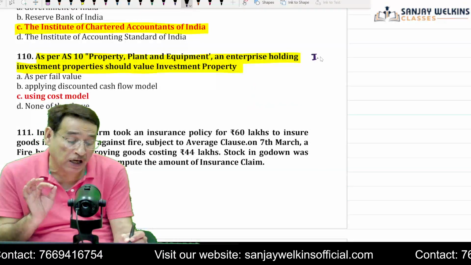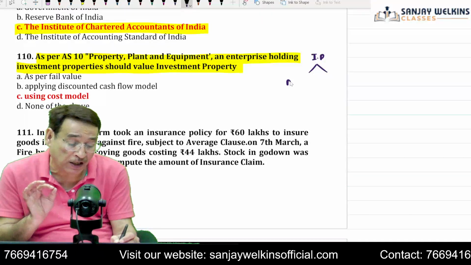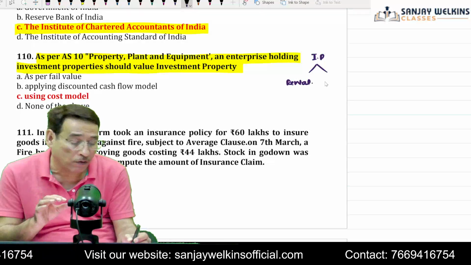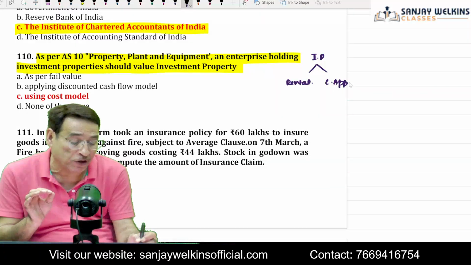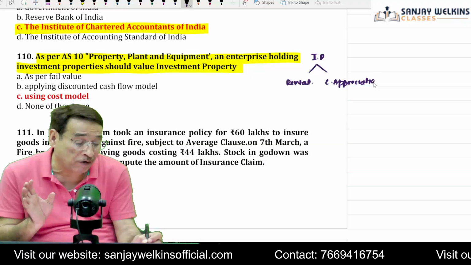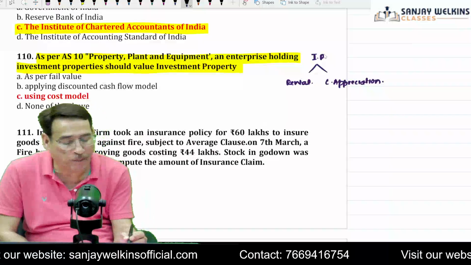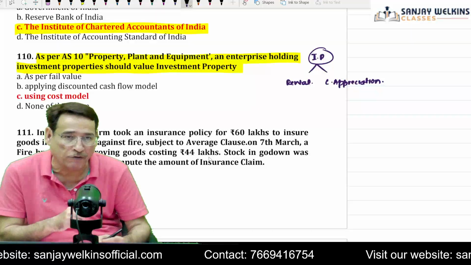Investment properties are those properties which are kept by an enterprise for earning rental income, or for the purpose of capital appreciation. That means the entity wants to hold this property, and as and when the price of the property rises in the market, it will be disposed of. So basically investment property signifies that we want to earn some income out of it.